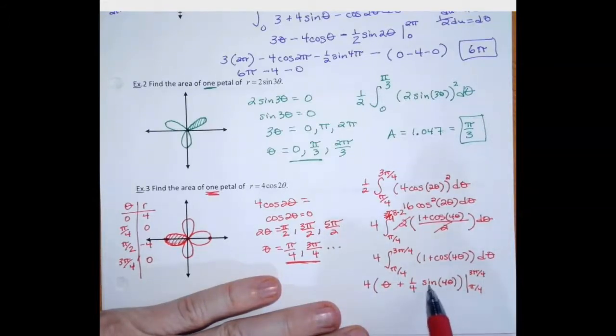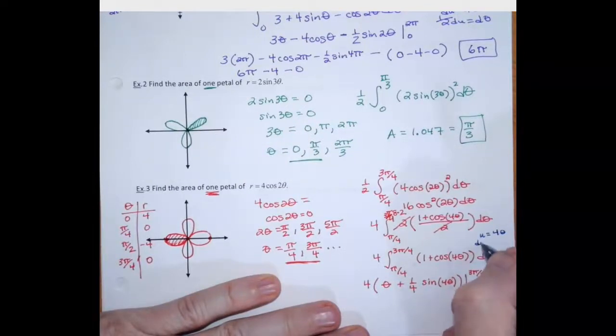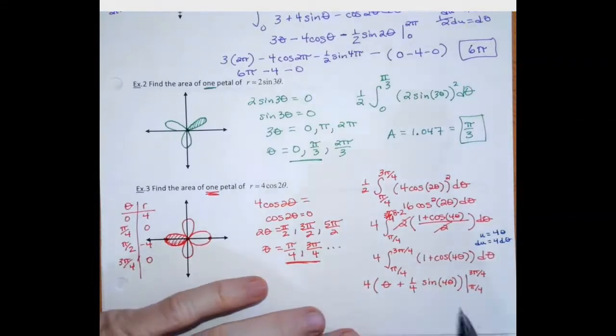Take the derivative of this. The derivative of sine is cosine, and we'd have to use a chain rule, multiply by 4, which would cancel that out, and then we would just be here. But you could use the u substitution if you need to. So you could say u is going to be 4 theta, du is going to be 4 d theta, and so 1/4 du. So that'll give us a 1/4 out there.